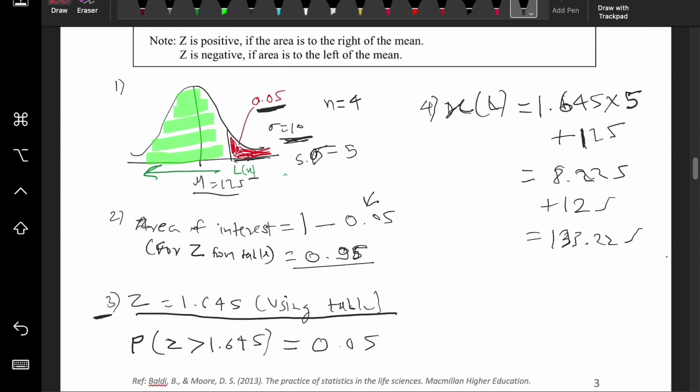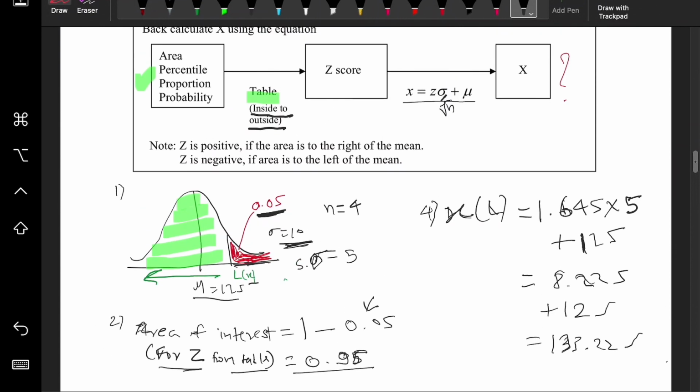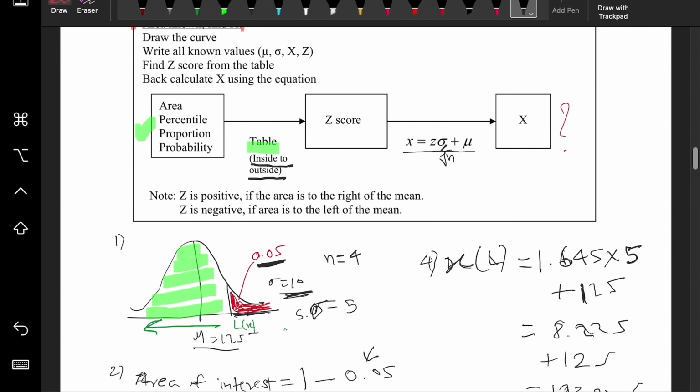We are considering this area of interest just to derive the z from the table, because the table only gives us that green area to the left of that L value. And also that clarification I think was pretty clear, that it's a sample distribution, so we always use sigma over square root of n for our population standard deviation. Okay, I think other than that, it should be all good.